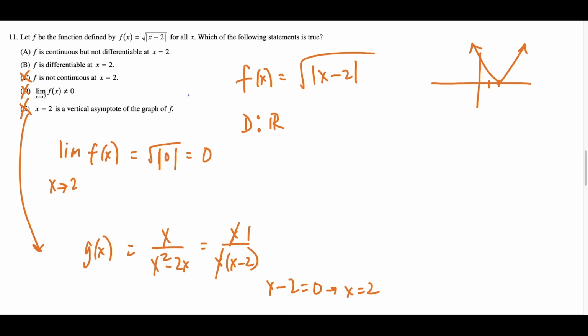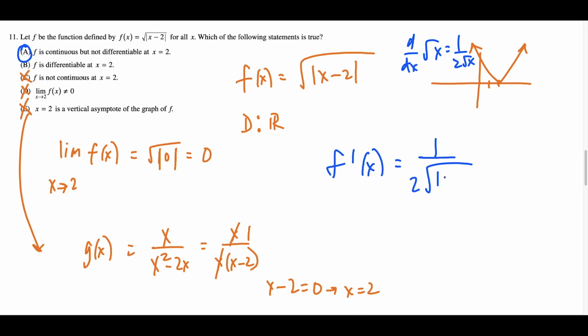And how I know that it's going to be A and not B is I take the derivative of this, but we don't have to take the derivative the whole way. I know that the derivative of square root x is 1 over 2 square root x. So I start this by writing 1 over 2 square root, and I have absolute value of x minus 2. But I also have to do the derivative of the inside.